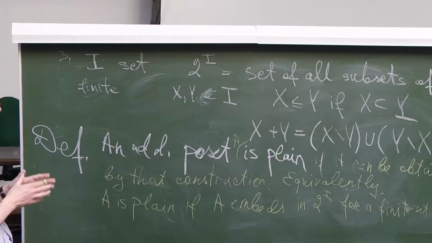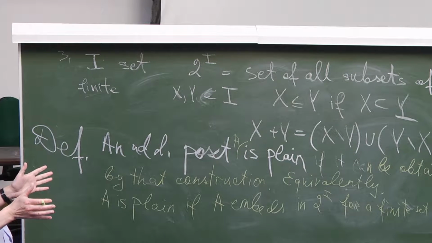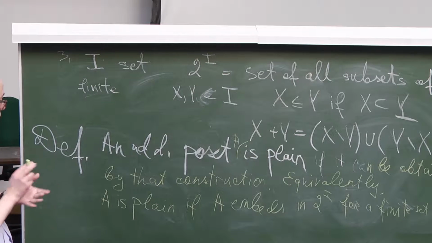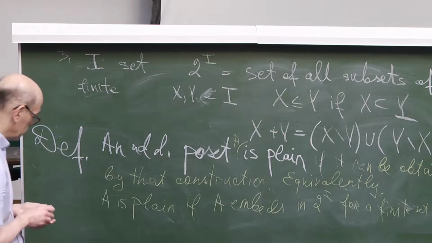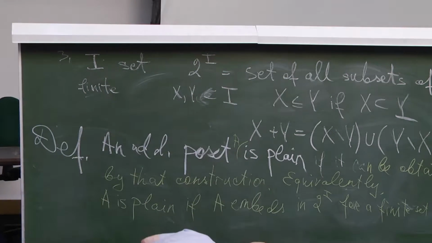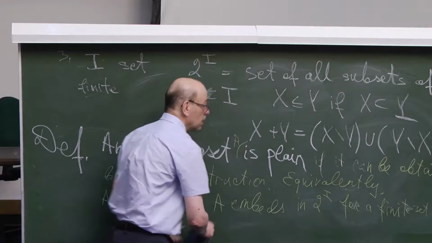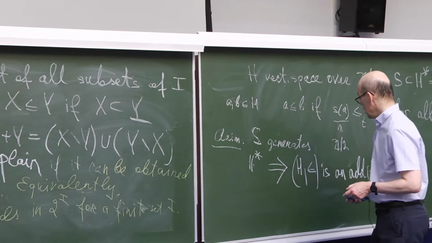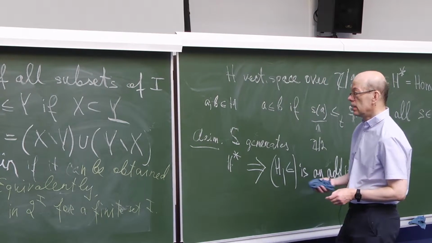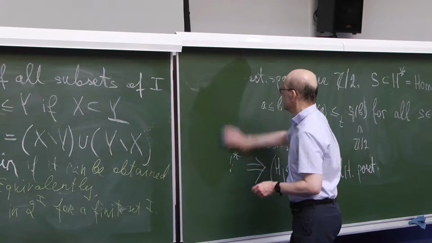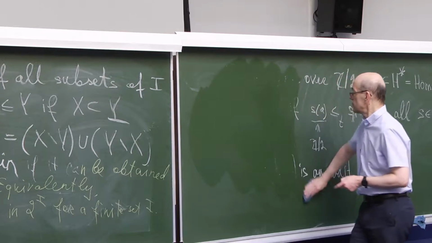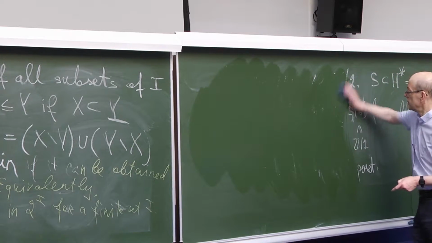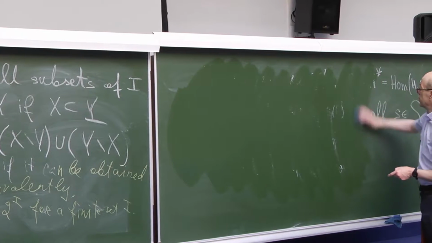In any case, in topology, we consider only plane additive posets, only they arise. So from now on, we can focus on plane additive posets. And by the way, for such plane additive posets, we can define a numerical characteristic, which I call complexity.